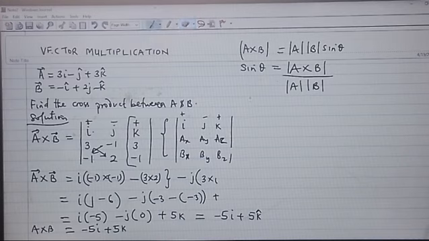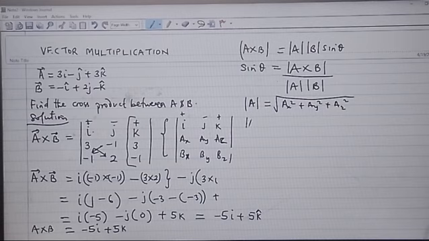For the vector A, its magnitude can be calculated using Pythagoras theorem: ax squared plus ay squared plus az squared.